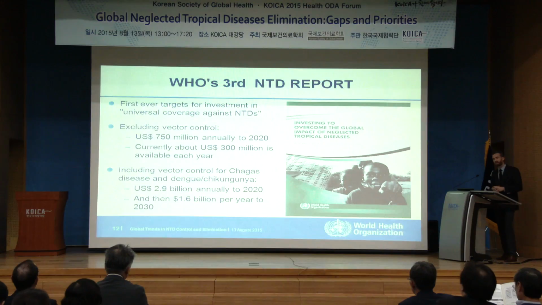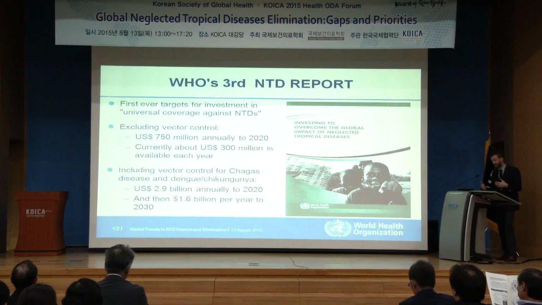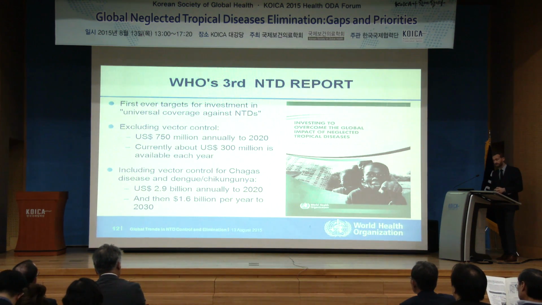When you include vector control for Chagas disease, chikungunya, and dengue, investments are significantly higher. So that's a point we made in this report, that the NTD community continues to focus very much on the preventive chemotherapy side. But it is clear that vector control for dengue, in particular, and Chagas disease will be significant in the coming years, particularly as dengue is a re-emerging NTD in the context of climate change.